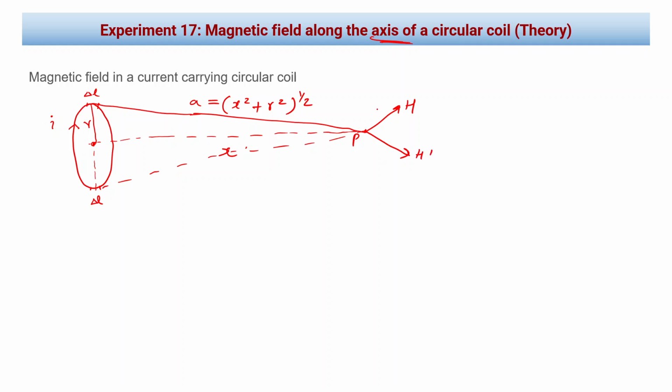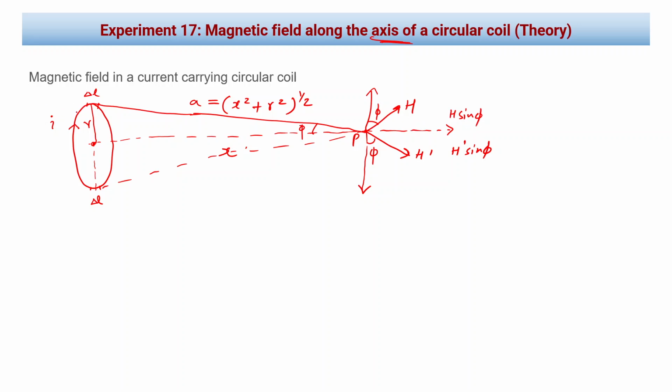For these two opposite length elements, if we resolve the magnetic field values into cos theta and sin theta components, let's make this angle phi. So this will also be phi, this also phi. So this will be h cos phi and this will be h prime cos phi. They will cancel each other, but this component, which is h sin phi and h prime sin phi, will remain. So the resultant will be in this direction.